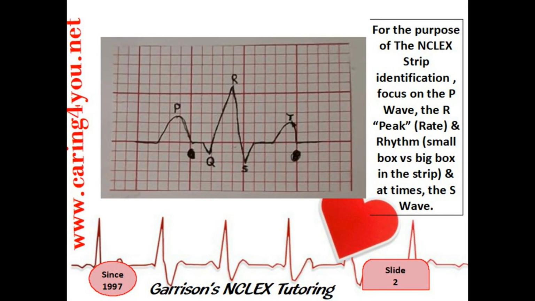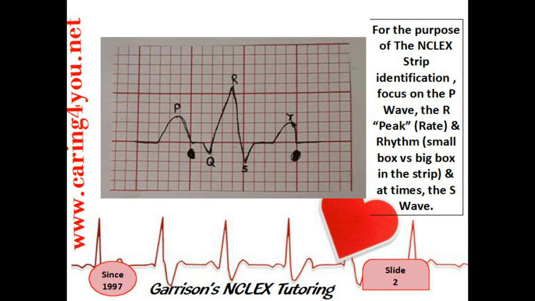For the purpose of NCLEX strip identification, I want you to focus on the P wave and the R, or the peak, as you can see in this picture right here. This will help us to determine the rate and the rhythm. I want you to focus on these small boxes.